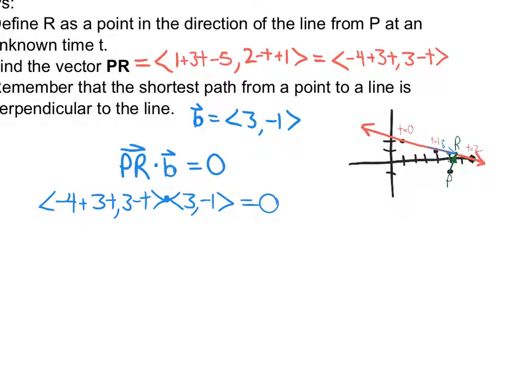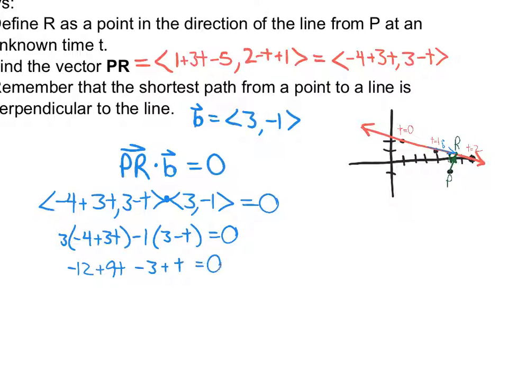So now we just have to do the dot product. 3 times negative 4 plus 3t, minus 1 times 3 minus t has to equal 0. And I can solve this for t. So negative 12 plus 9t minus 3 plus t is 0. 10t equals, that's a minus 15, so I'm going to add 15 to the other side.